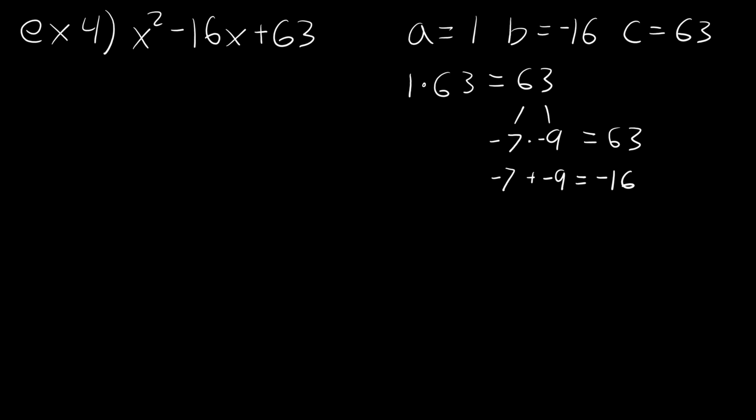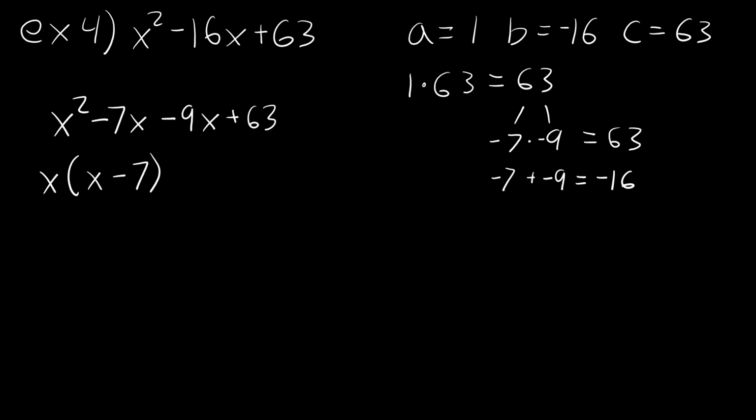So we'll replace the bx with these numbers. So x squared minus 7x minus 9x plus 63. Now we can factor by grouping. So we have x squared minus 7x. We can factor out an x. So x, we're left with x minus 7.